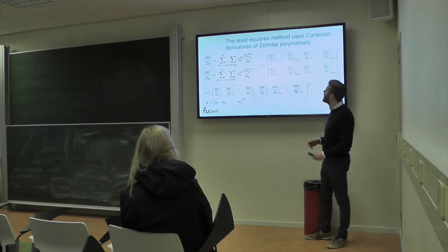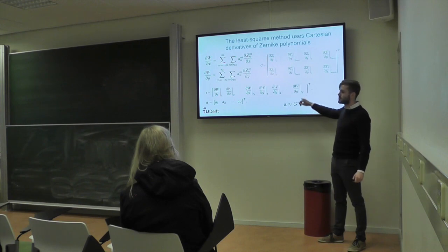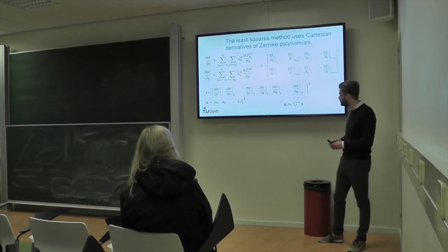Then we can retrieve our Zernike coefficients as a generalized inverse of this geometry matrix, doing a matrix vector product with this generalized inverse and our spot displacement vector S.